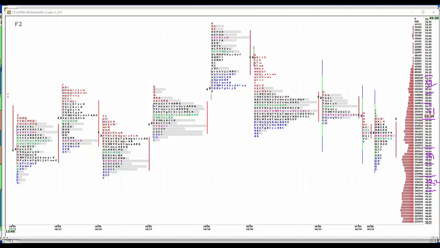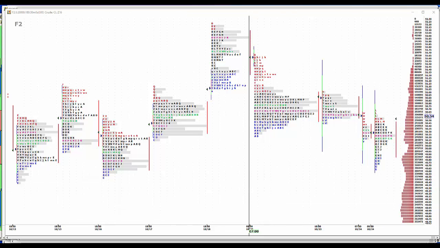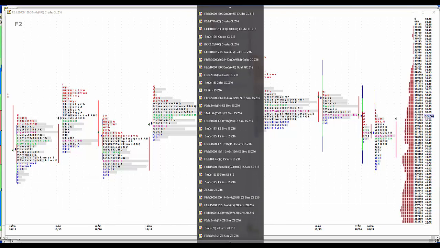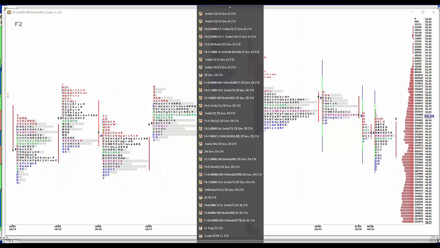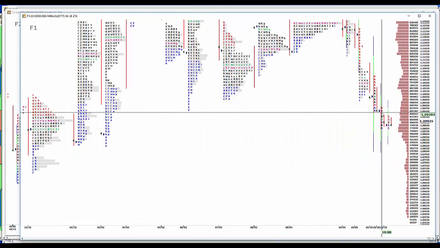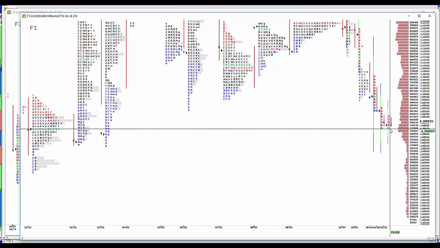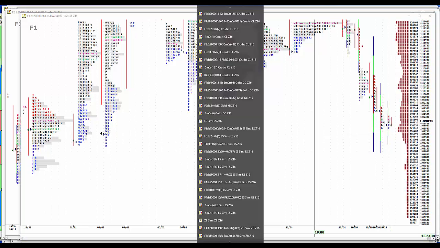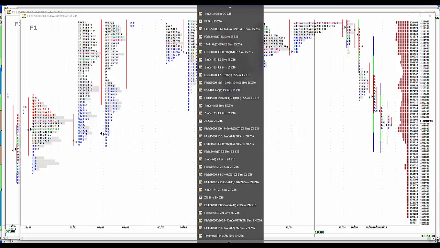And last but not least, the euro. Lower high, maybe a lower low here by a tick or two. So this one still has sell written all over it. Going nowhere in a hurry.